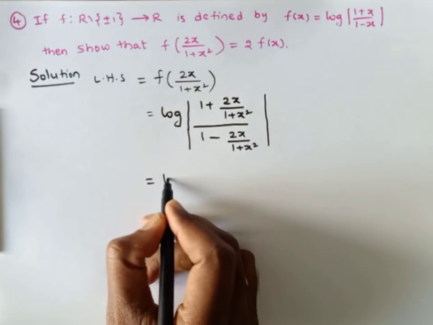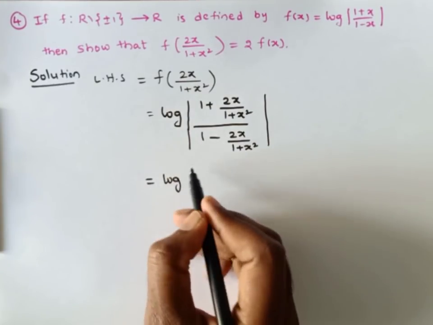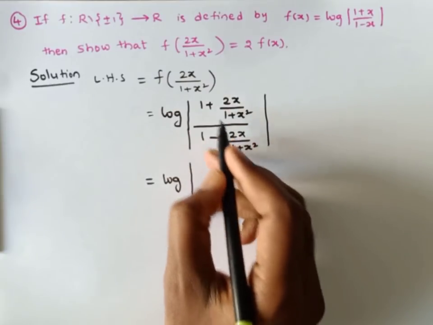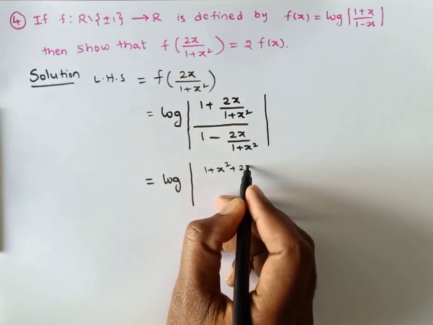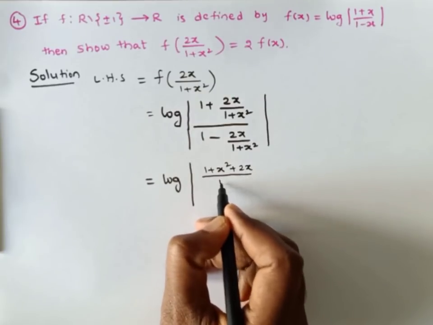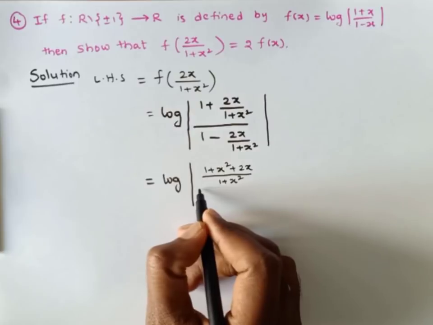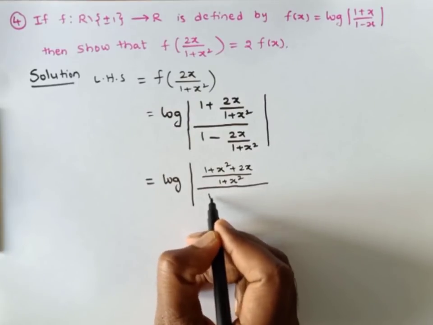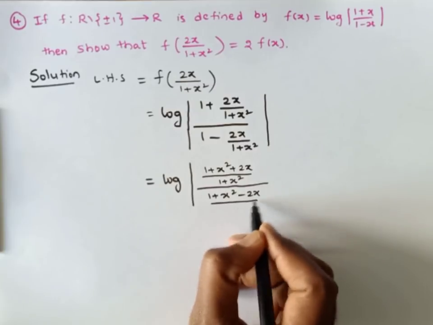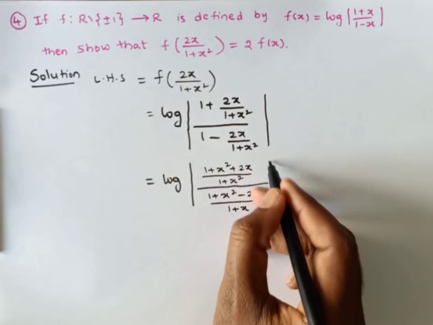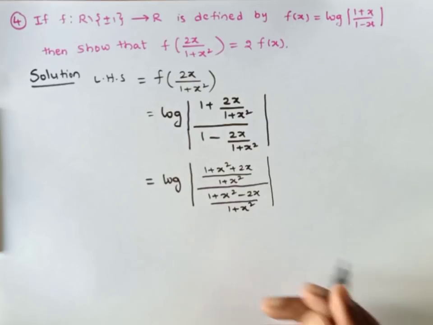Now this is logarithm of, here the LCM is 1 plus x square. In the numerator, 1 plus x square plus 2x divided by 1 plus x square, whole divided by 1 plus x square minus 2x by 1 plus x square.